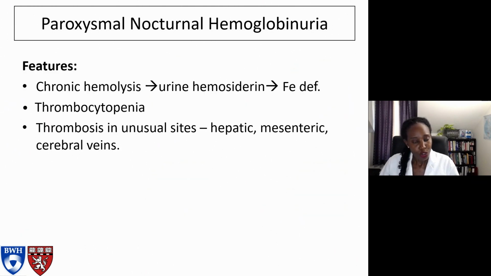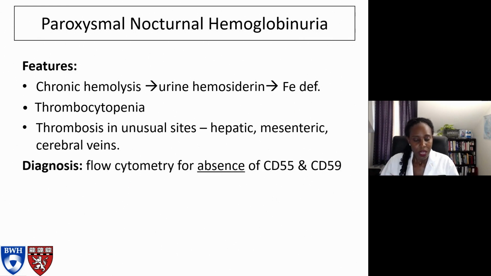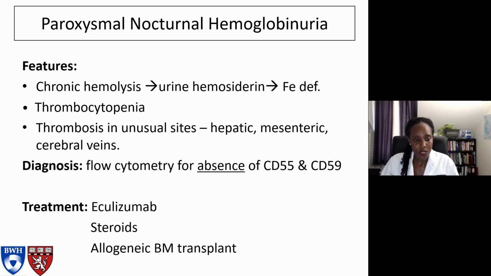The features include chronic hemolysis, urine hemosiderin, which causes an iron deficiency, thrombocytopenia, and thrombosis, particularly in unusual sites, so hepatic, mesenteric, and cerebral veins. The diagnosis is by flow cytometry, looking for the absence of CD55 and CD59, and this is the only diagnosis for which flow is looking for the absence of cell markers.